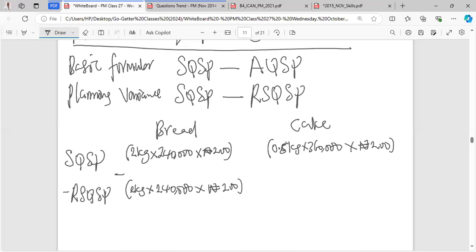Now, for cake, we had 1.05 as our revised standard. 1.05 multiplied by 0.5, now multiplied by 360, multiplied by 200. So this is going to be minus. So let's see what it's going to be.